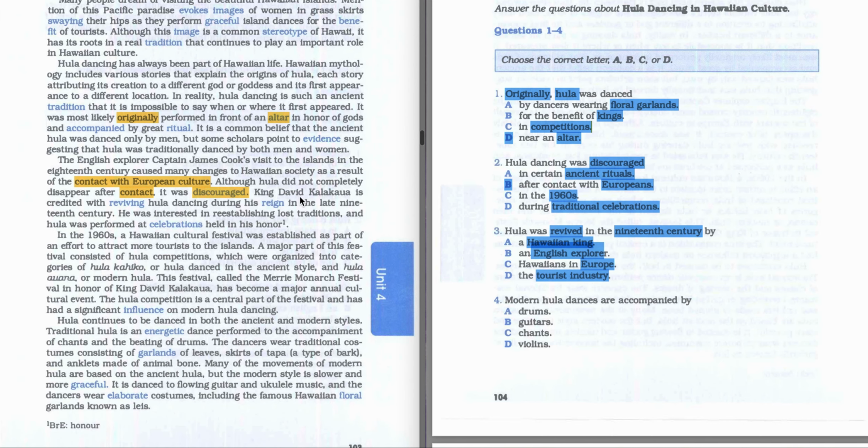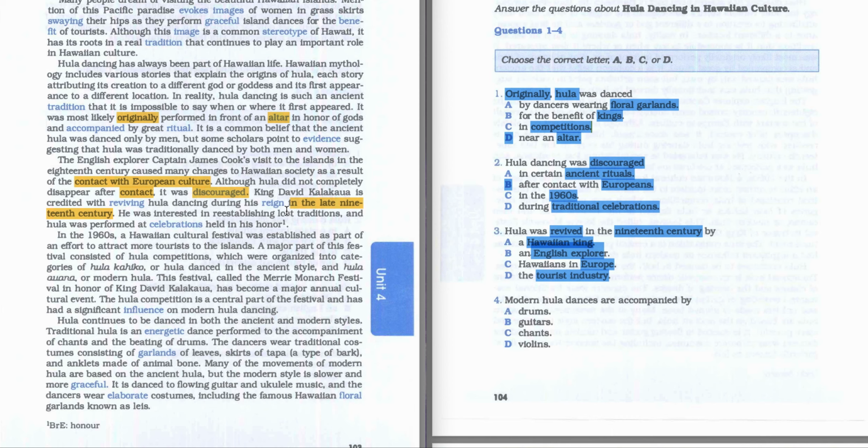Let's go down. Here we can see our keyword in the following sentence, and it says in the late 19th century. We have our keyword here because the question was about the 19th century. Let's read the sentence.